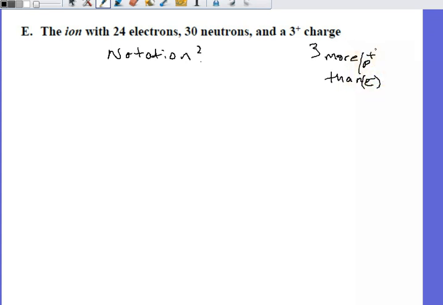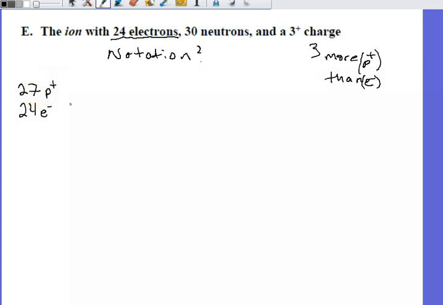Okay, so this will give you a clue now. If it has a +3, there are 3 more protons than there are electrons. So if you know you've got 24 electrons, then you had 3 more protons than that. This element has 27 protons.